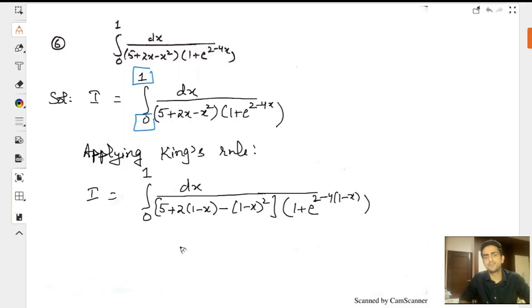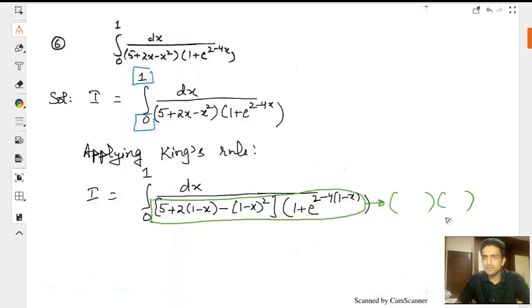This is something we'll get. Guys, I suppose you will be able to just simplify it. You will get a quadratic and this expression which is containing e.